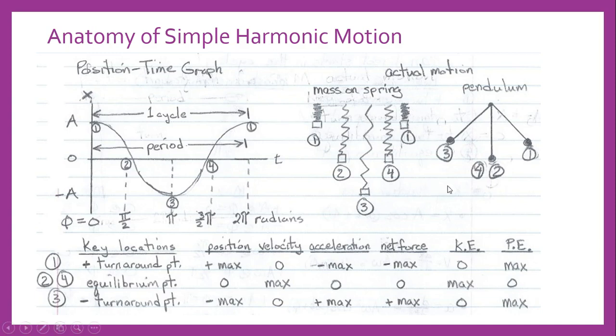We don't have that for the pendulum, but this graphic here relates those key turnaround positions and equilibrium positions for a pendulum, and this just summarizes what we covered on the other page as far as our different quantities. And here's the position time graph showing how the phi, the phase constant, changes based on the position.